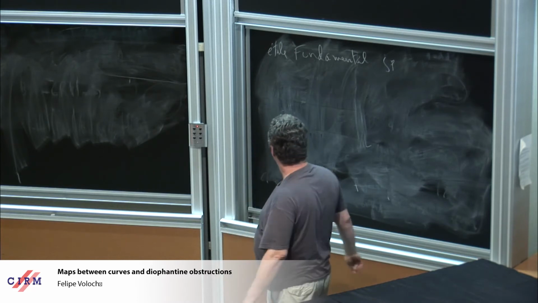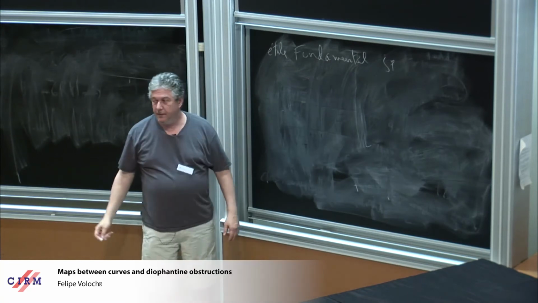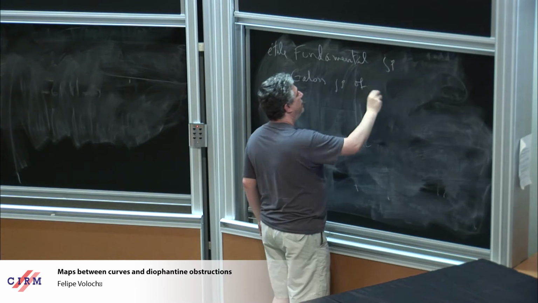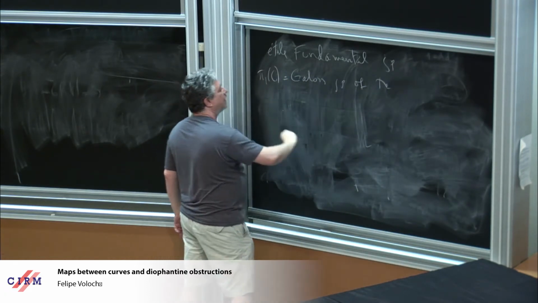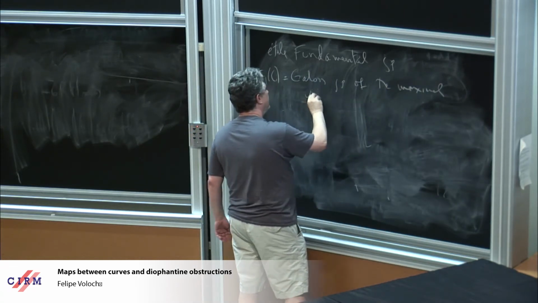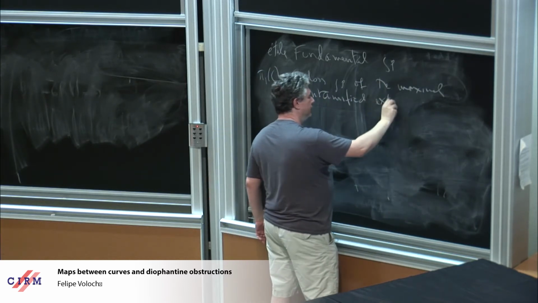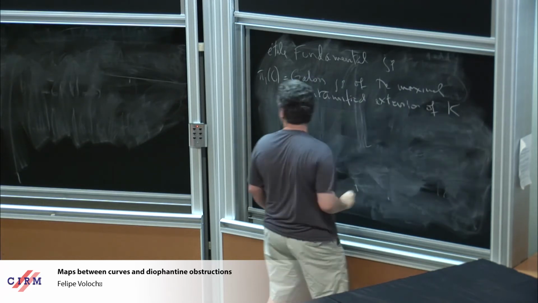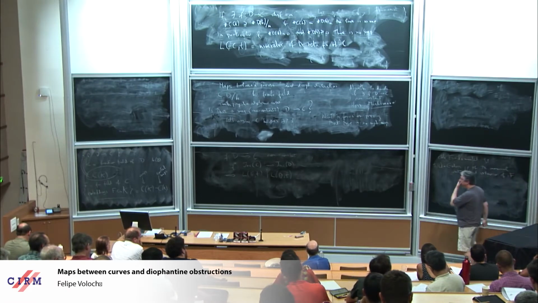The quickest way to define it for curves is to take the Galois group, so pi 1 of C is the Galois group of the maximal unramified extension of K, where K is the function field of C, right?